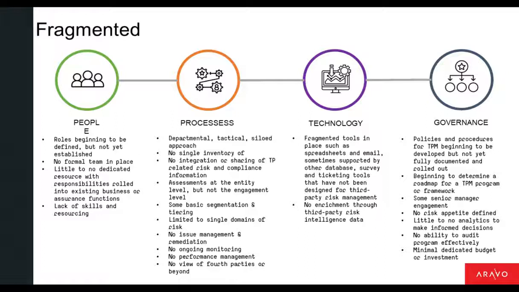It's unlikely that you've got any ongoing monitoring in place. It still tends to be a little bit of a one-and-done deal. And you're still really struggling to get your house in order with your third parties, so you're not even looking towards what you might need to consider in terms of your fourth parties and beyond that.